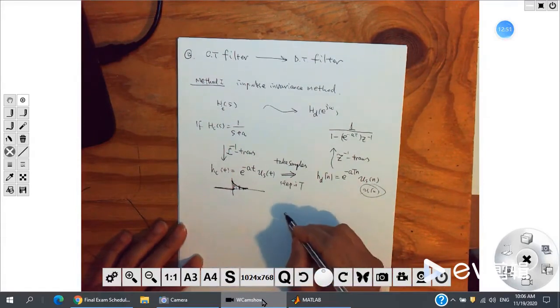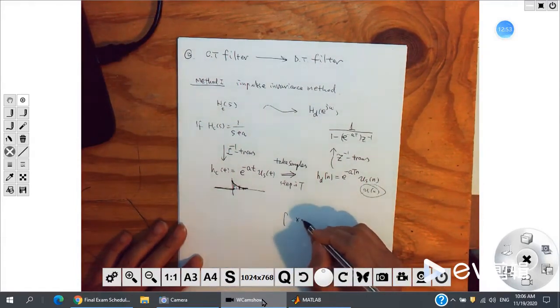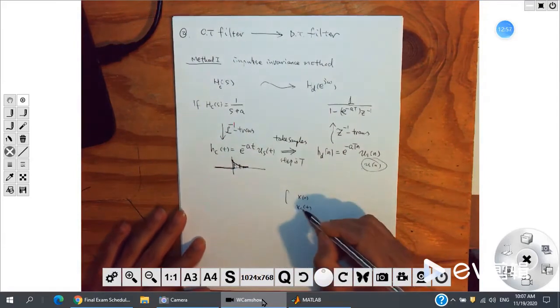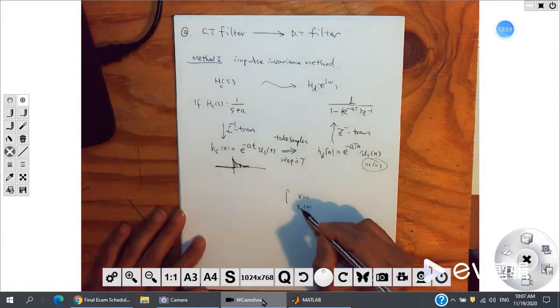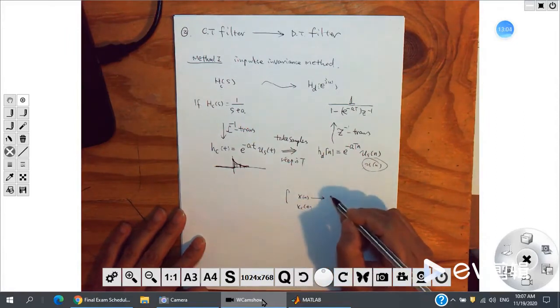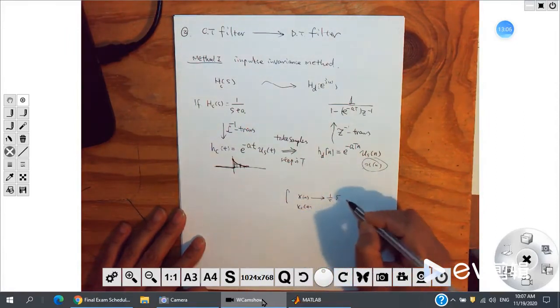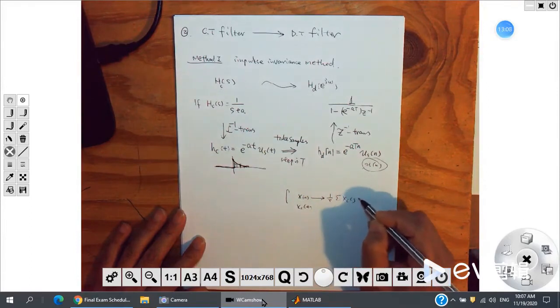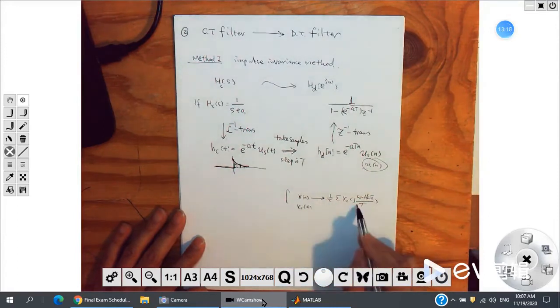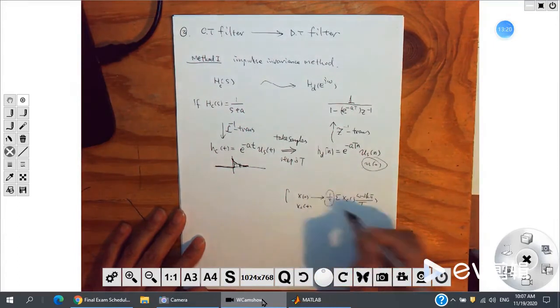we have x[n] and x_c(t). Remember, we take x[n] from x_c. Then by Fourier transform, we have 1 over T times the summation of X_c(j(omega minus 2k pi) over T). So I have 1 over T in front of it.